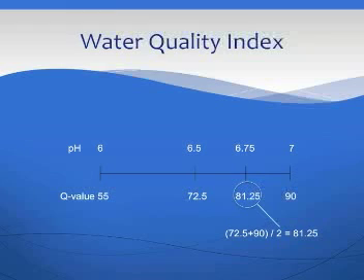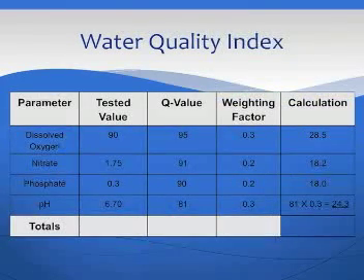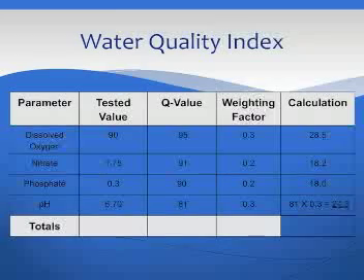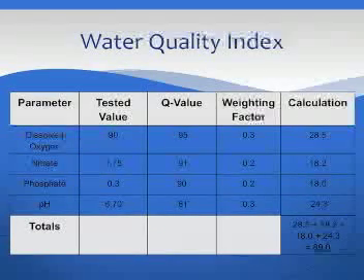We can see that it's 81.25, but we want 6.7, not 6.75, so we'll just go a little bit less than 81.25 and round it to 81. So we put 81 in our Q value section of our chart, multiply it by our weighting factor to get 24.3. Then, if we add all our calculations up, we can get our water quality index, which is a grade out of 100. And as you can see, an 89, that's a B+.